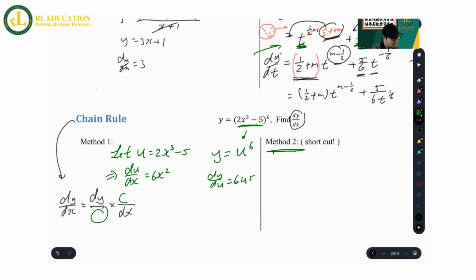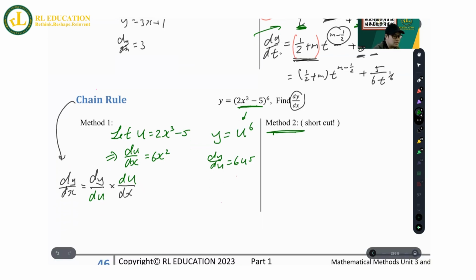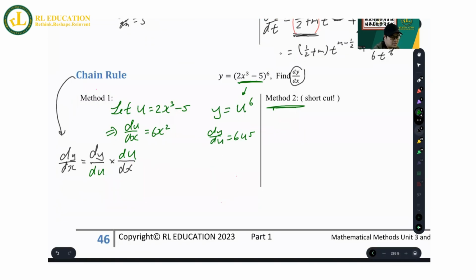And these two must be the same because when you cancel these two, the left hand side equals the right hand side. Okay, so what do I fill up? I have dy dx, but I don't have du, so fill up du and du then. It makes sense? Yeah.